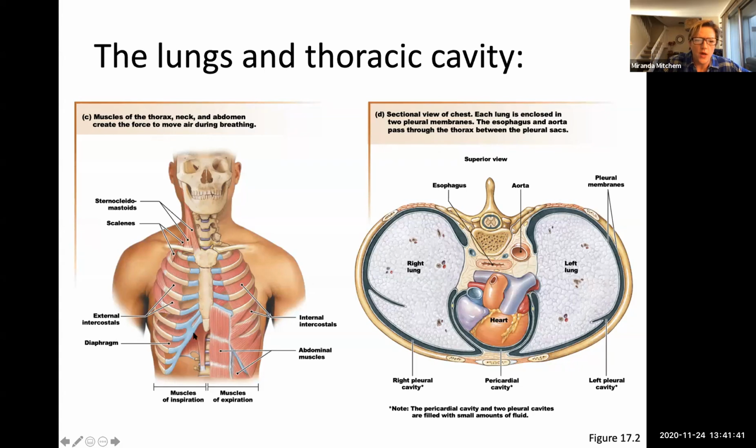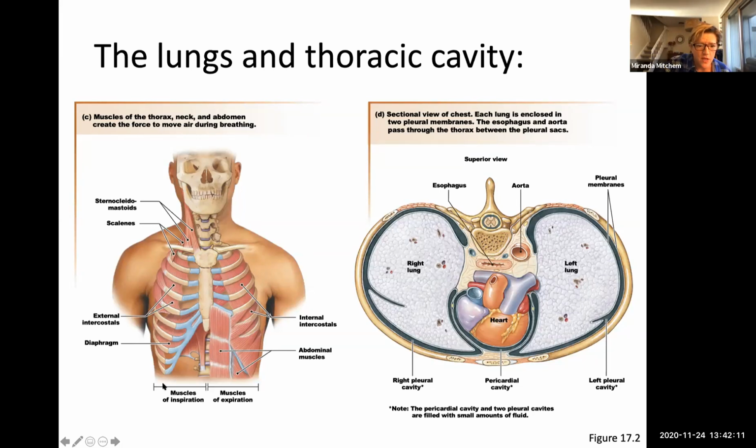So we're on the left side of the figure, which would be the right lung. We're looking at what is highlighted here. These are the muscles of inspiration. And then we have on the right side of the figure, the muscles of expiration. So of course we have both sets on both sides. This is just the way the figure is, so that it can hopefully help to clearly identify which muscle groups are associated with which action.